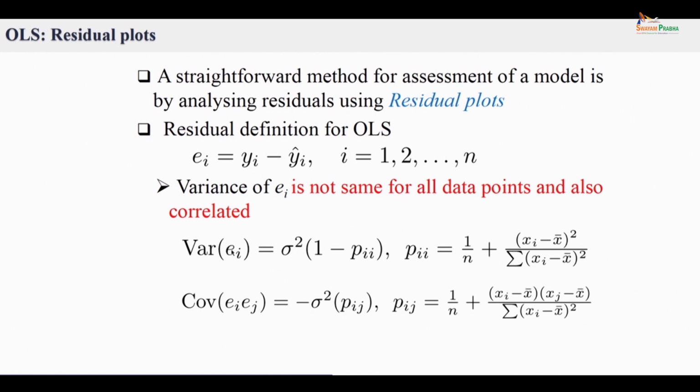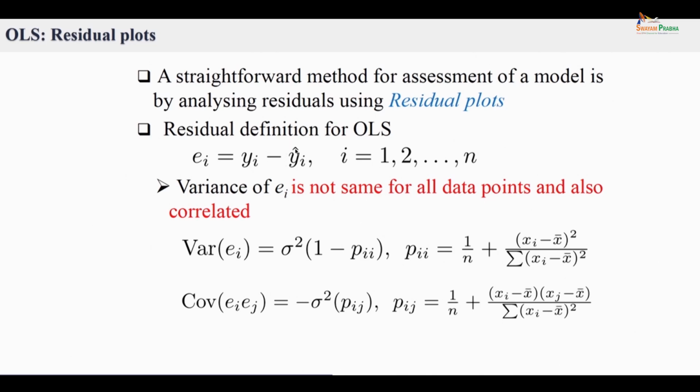We also can show that the residuals are not independent, even though we assume that the errors corrupting the measurements are all independent. The residuals in the samples are not independent, and they have a covariance, which can be shown to be given by this quantity. The reason for the variance not being identical, or the residuals being correlated, is that this yi hat that we have here is a result of the regression.